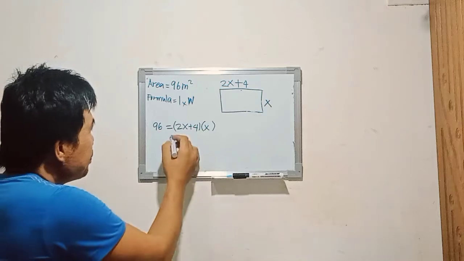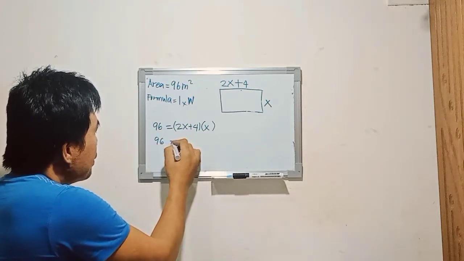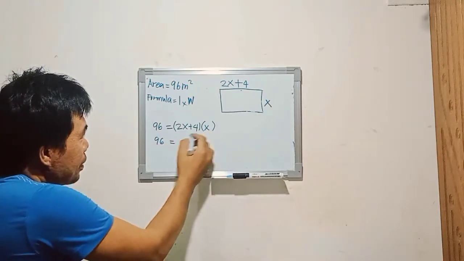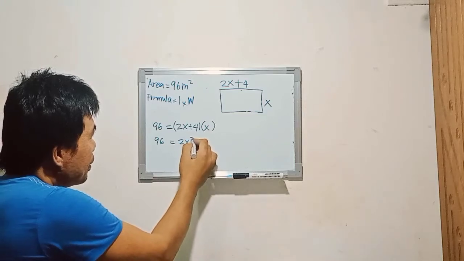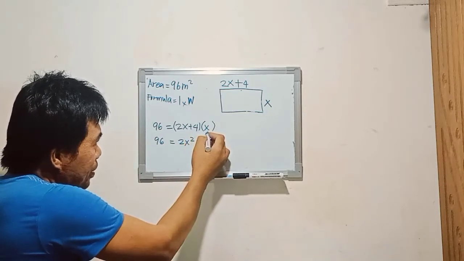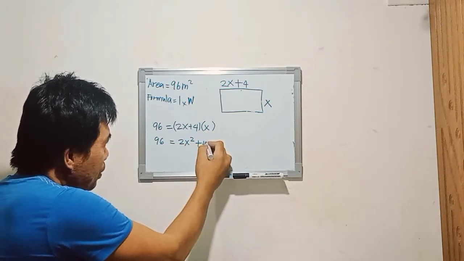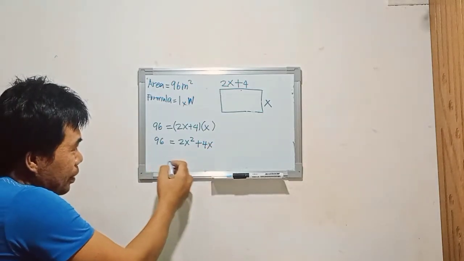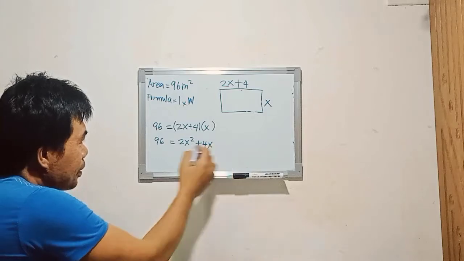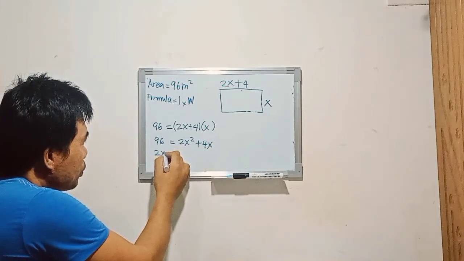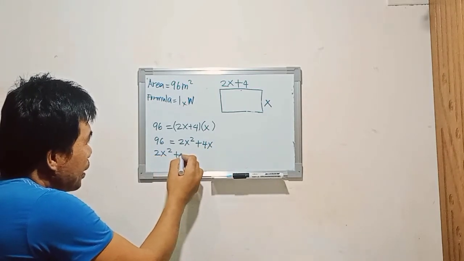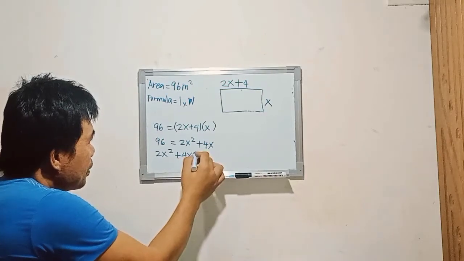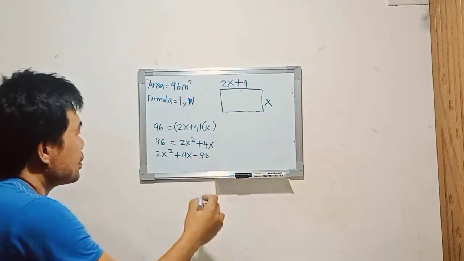Next step, bring down 96. 2x times x is 2x squared. Positive 4 times x is positive 4x. Next step is we need to transpose this 96 to this side. So this will become 2x squared plus 4x minus 96.